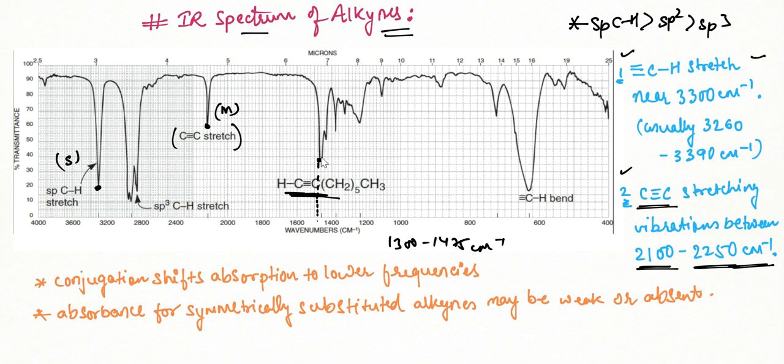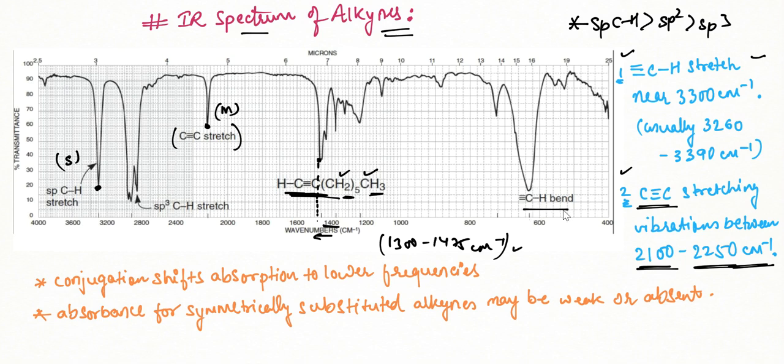Here this bending vibration is greater than 1400, for the CH2 and CH3 bending vibrations. Again the value is approximately similar, just that it has increased a little bit, moved towards 1500.